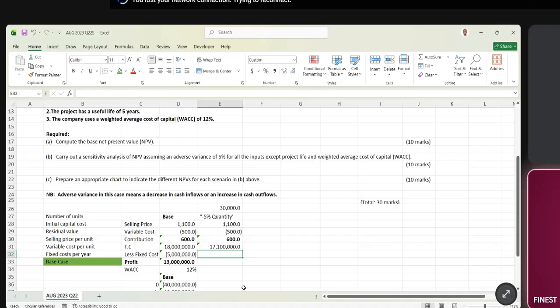Are we okay? Then fixed costs will remain the same. Then the profit will change.